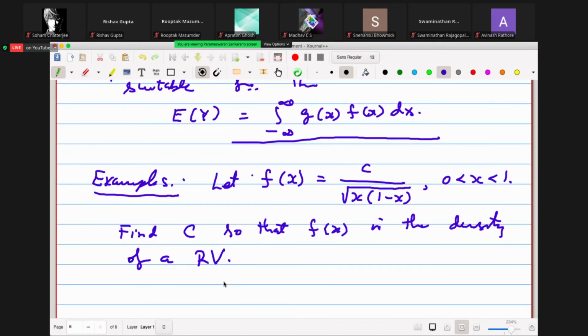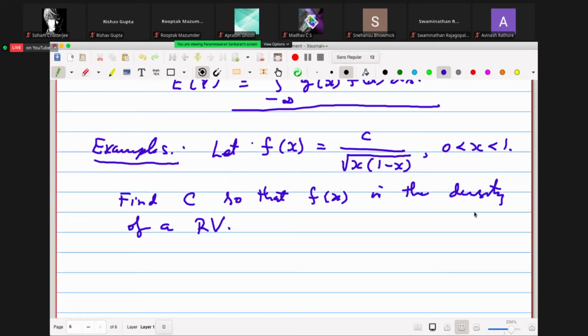It's understood to be continuous, because only for continuous variables we talk about density. This is a very simple problem. Wherever it is not defined, it is 0 otherwise. So the integral of f(t) dt from minus infinity to infinity must be equal to 1.